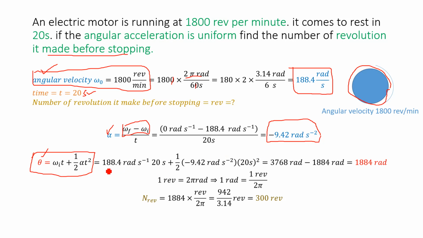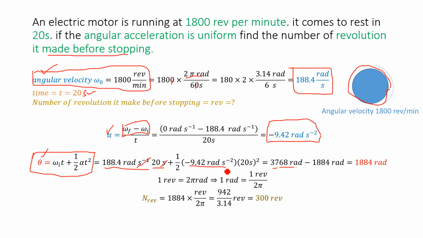Substituting these values, we have 188.4 radian per second multiplied by 20 seconds, plus 1 over 2 times minus 9.42 radian per second square, the value of angular acceleration, times 20 seconds whole square. Solving this, we get 3768 radian on this side.